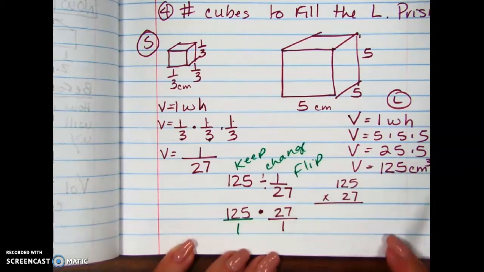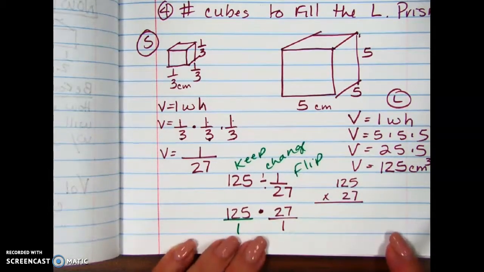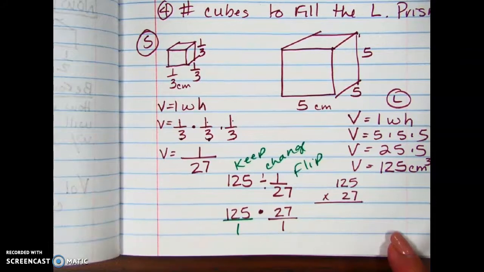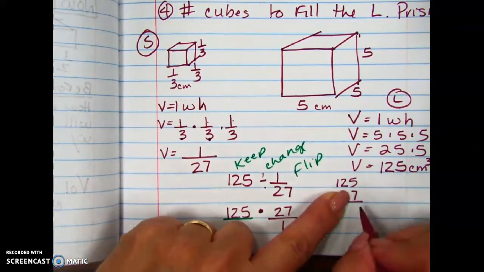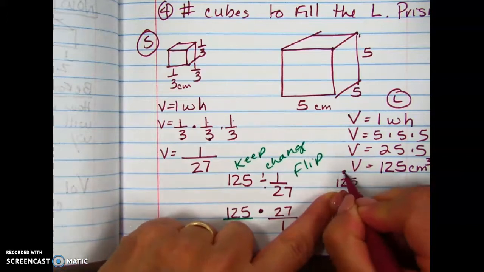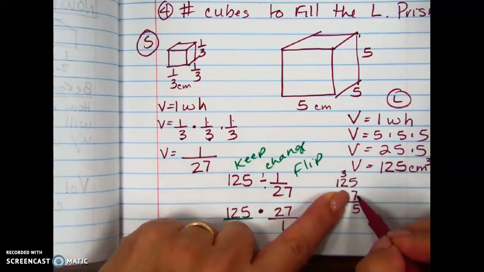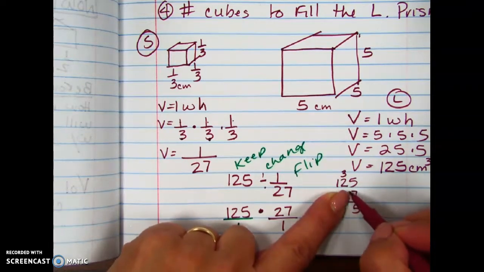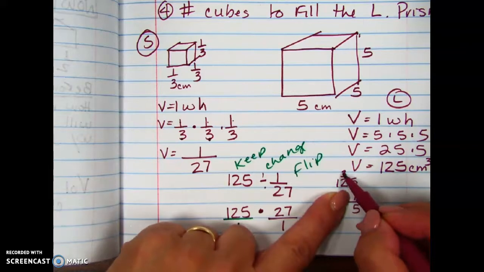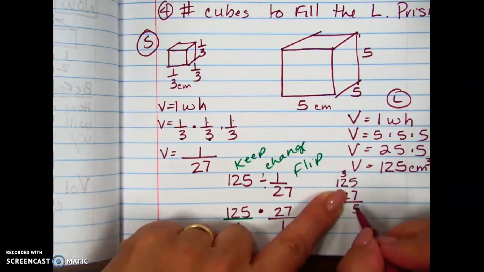Now, people are still having difficulty multiplying 2-digit by 3-digit. Please pay close attention. So I'm going to take 7 times 5 is 35, and I regroup. Now I'm taking my basic fact of 7 times 2, and I'm going to add 3 tens. 7 times 2, really it's like saying 7 times 20, but I leave it as a basic fact. 7 times 2 is 14, plus 3 tens is 17.